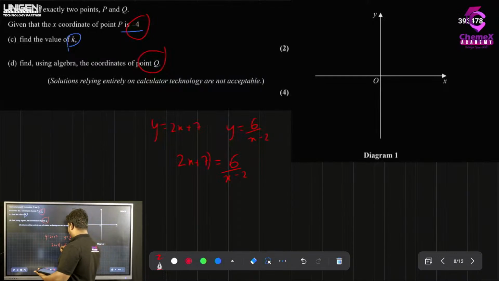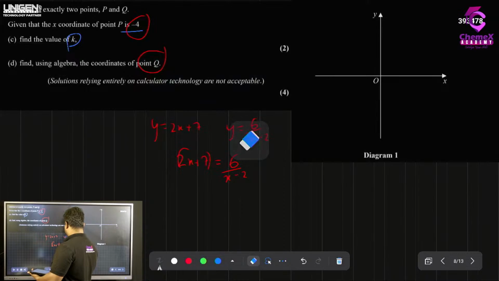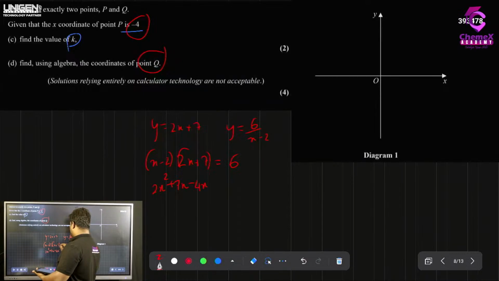Then you can expand it out, right? This goes to the other side as x minus 2. 2x squared plus 7x minus 4x minus 14 equals 6.